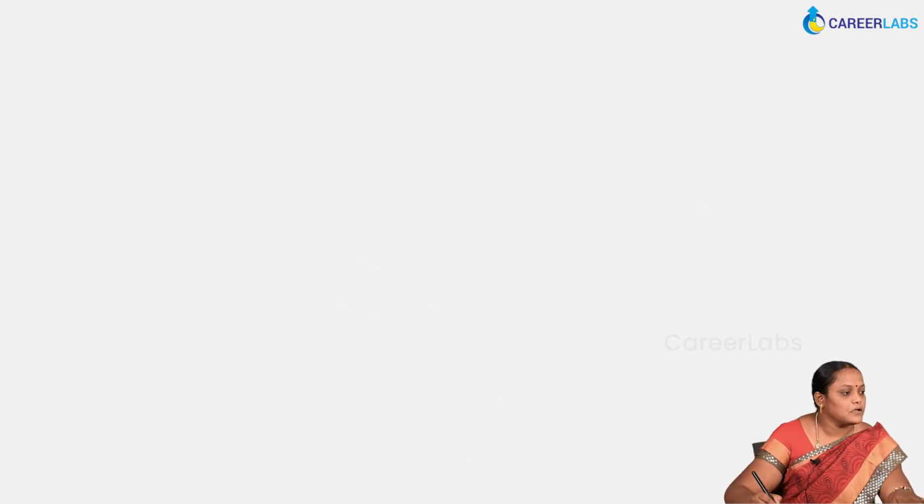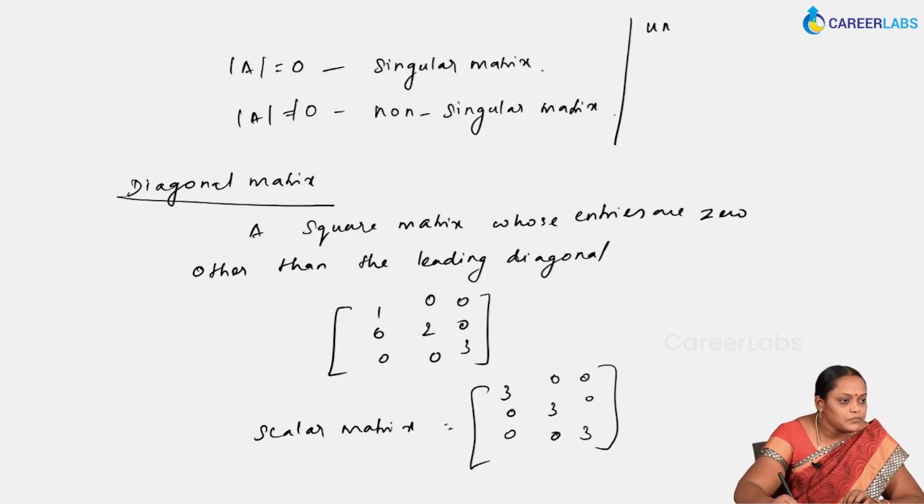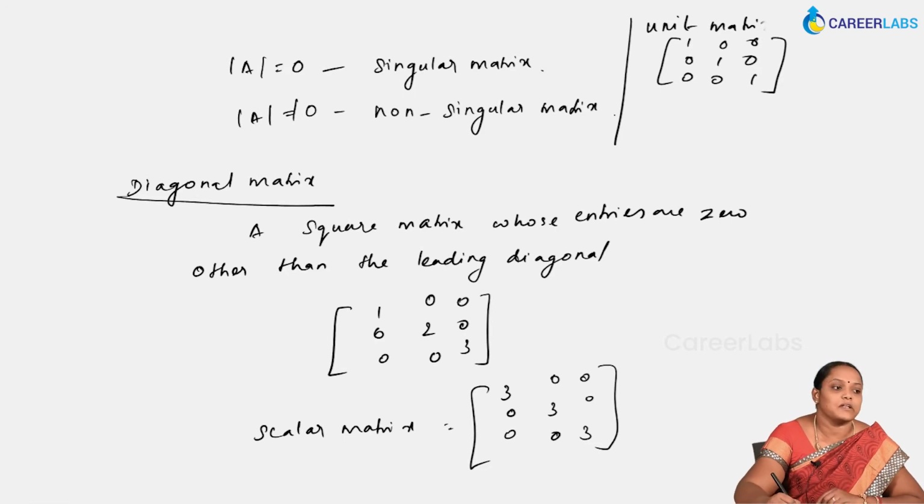Then let me write here unit matrix. What do you mean by a unit matrix? If the diagonal elements are 1, for example 1, 0, 0, 0, 1, 0, 0, 0, 1, then we call this matrix a unit matrix.